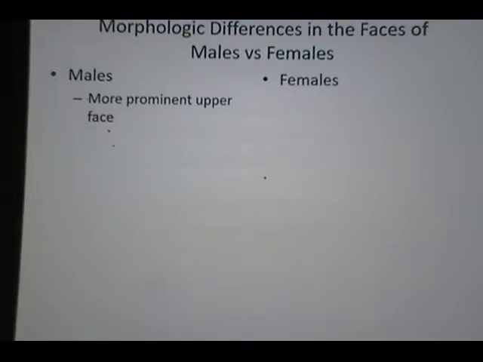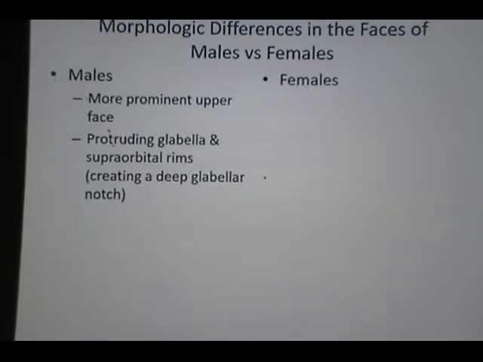So larger foreheads, typically more bulbous foreheads. They have a protruding glabella. This smooth area on the midline between your orbits is kind of flat and smooth, and in males it protrudes and creates a notch-like area. Run my finger through here, through this notch, this glabellar notch.